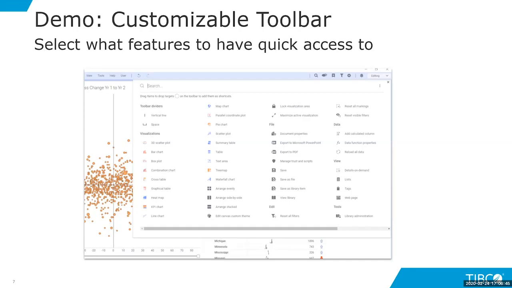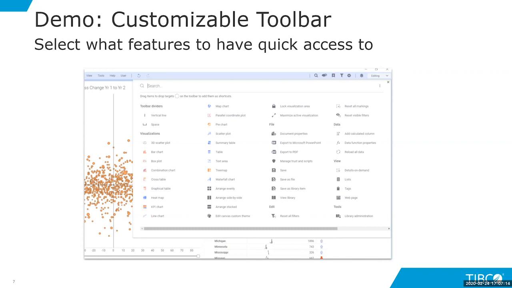So we thought about how we can solve this: without having the toolbar so busy with different icons that it's hard to use for new users, how can we still make it quick and fast for more experienced users and super users, as the Spotfire 7 toolbar was? So we decided to implement a customizable toolbar.